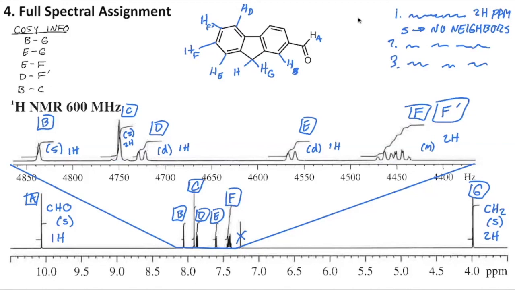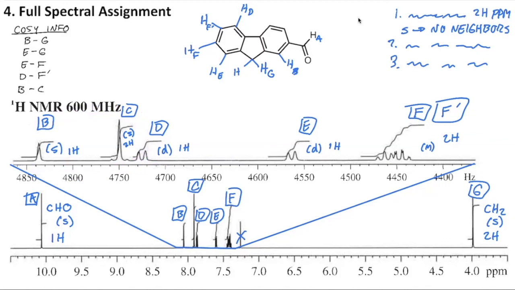If we look at our last correlation from our COSY info, we can see that B correlates to C. And we don't really see that in the one-dimensional spectra, right? Because they both pretty much look like singlets. But I think this makes a lot of sense based on the previous examples that we've done, where we looked at longer range coupling and splitting over a benzene ring scaffold.